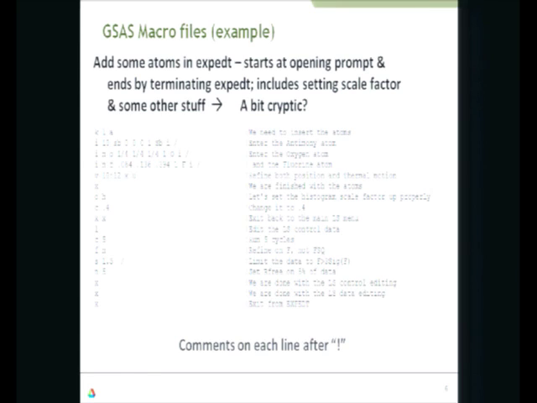So for instance, this is to insert an atom, and it gives you the atom name, coordinates, and so forth. All of this looks rather cryptic, but when you make a macro file, you're allowed to put in comments, and that's what these all are. It's comments that got entered in after the actual command. And this stuff then got saved as a macro file.